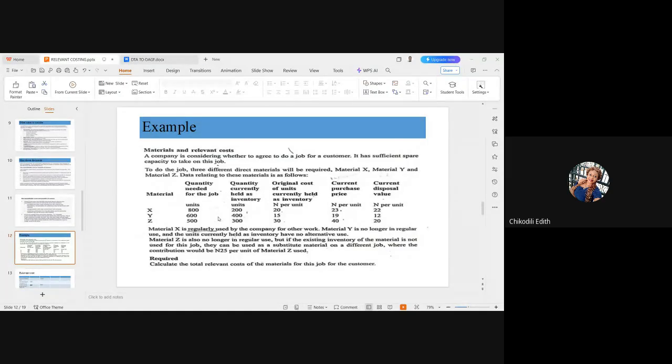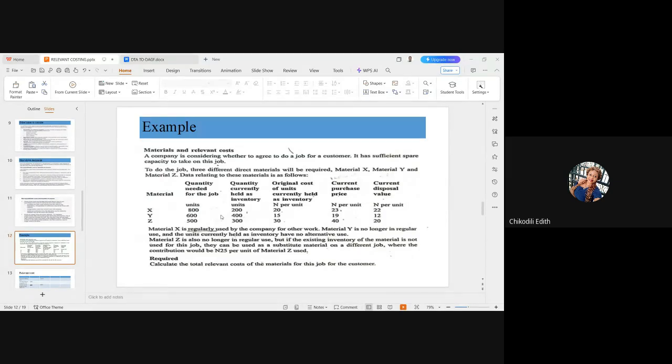To do the job, 3 different materials will be required: material X, Y, and Z. Data relating to these 3 materials is as follows: quantity needed for the job, quantity currently held as inventory, original cost per unit currently held as inventory, current purchase price, current disposal value.